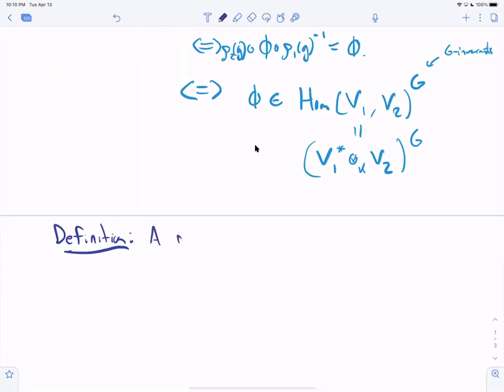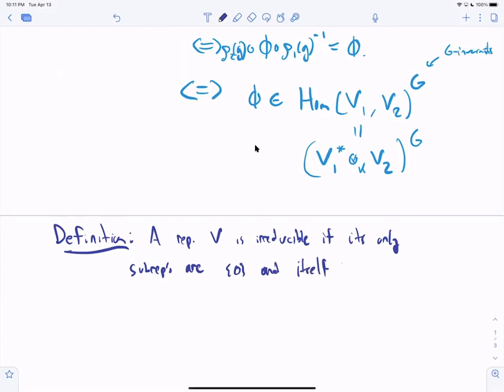A representation V is irreducible if its only sub-representations are the zero representation and itself. And what is a sub-representation? Well, it's just a subspace that's preserved by the group action.